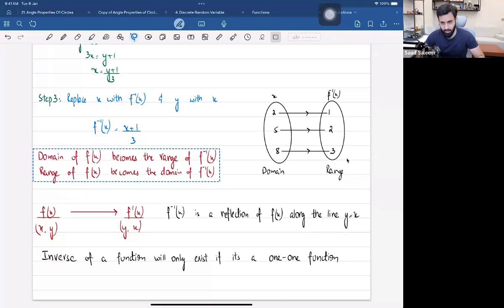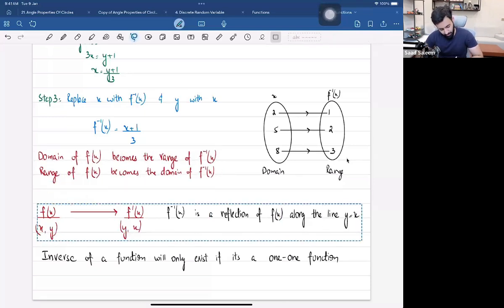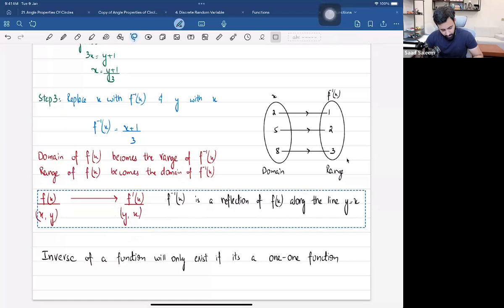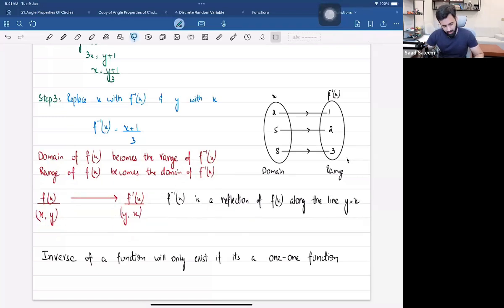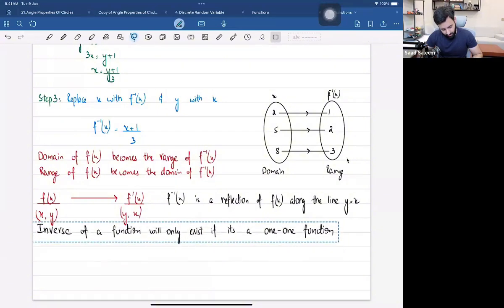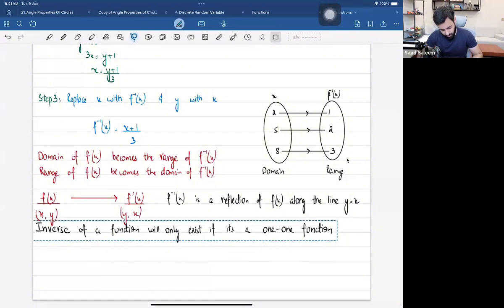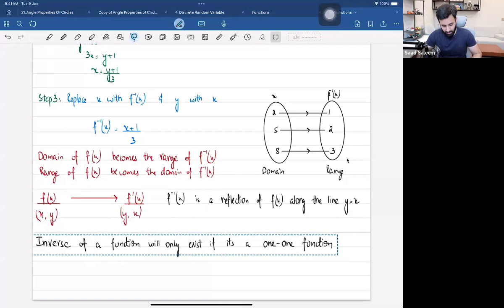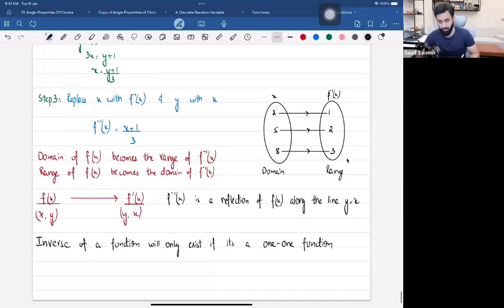So what happens if you take an inverse of a one-to-one function? After you take an inverse, what kind of a function will it be? It will still be a one-to-one function. Correct? Even after you take the inverse, it will still be a one-to-one function. Let me see if I have enough room over here. Yeah, I think I do.